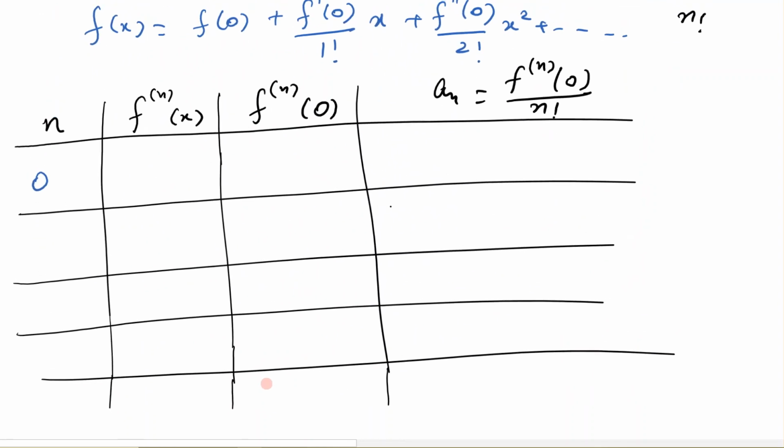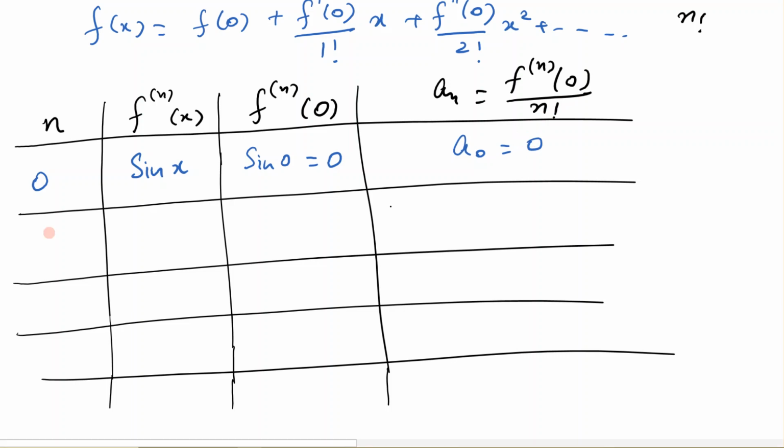All right, so when n is equal to 0, we have our original function, which is sine x in this case. So sine x, and the value of sine 0 is 0. These x values are in terms of radians, so just be careful. So a naught is the function value at 0 over 0 factorial, which is just 0.